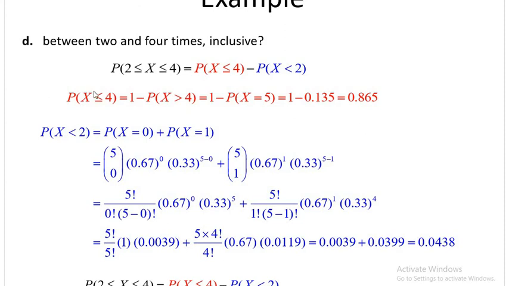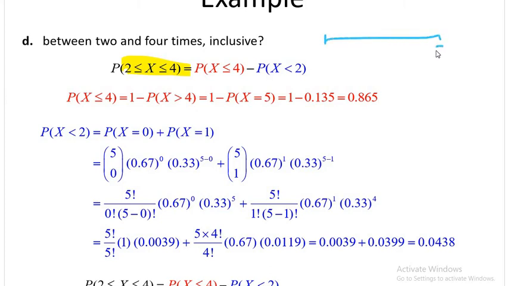Then the D part was, what is the probability between 2 and 4 inclusive? So from 2 to 4. There are 2 ways. What you can do is, I have from 0 to 5, right?